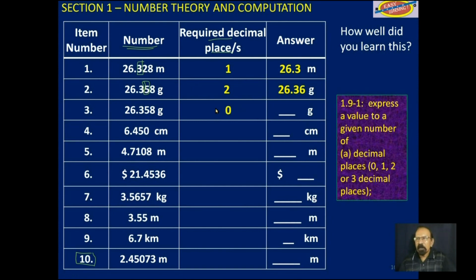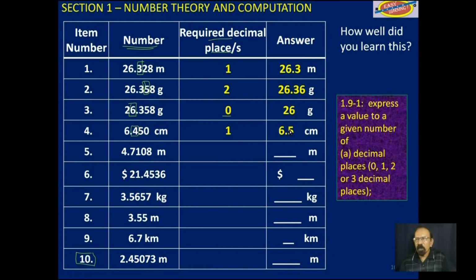Next one, 0 decimal places. That is here. Your answer? 26. Next one, 1 decimal place. That is 1 digit after the decimal point. Your answer?